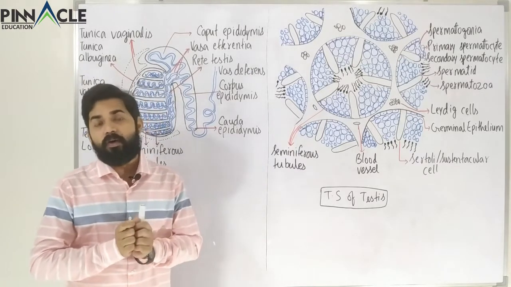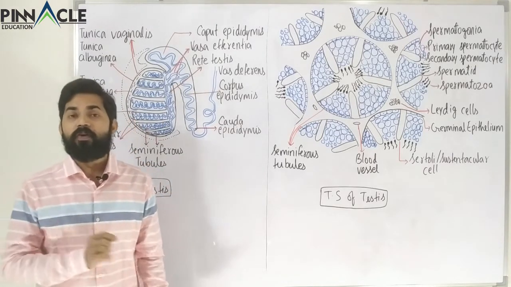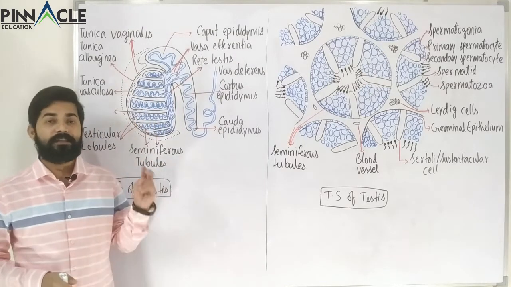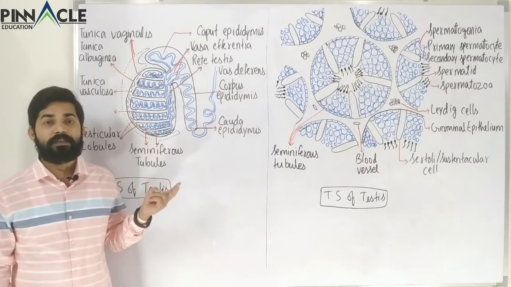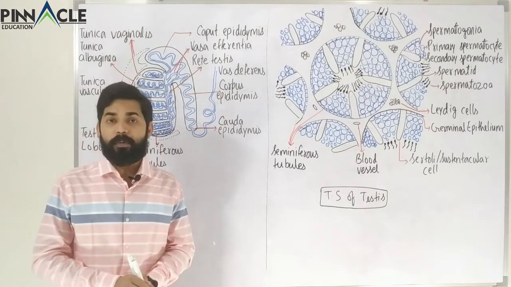There are also other hormones, but the most important hormone that we are going to study is testosterone. So this is the function of the testis, that is production of male androgens and also the production of male sex cells or gametes, which we normally call sperms.